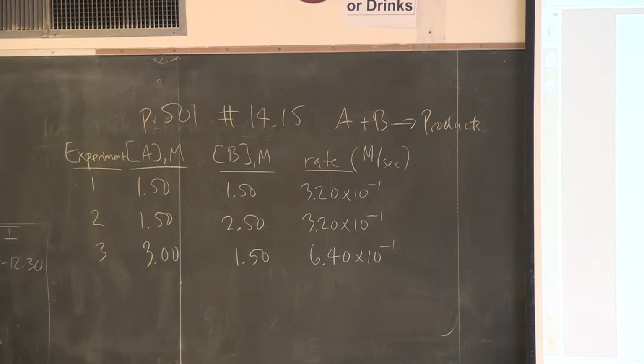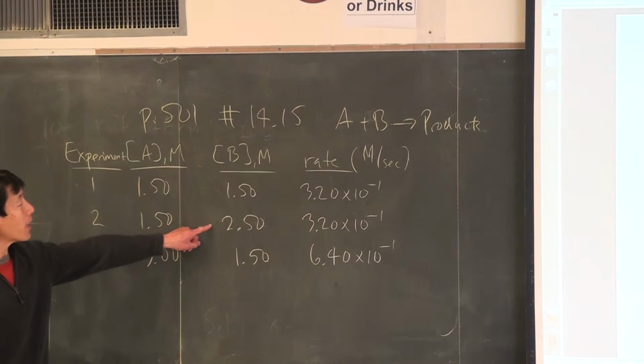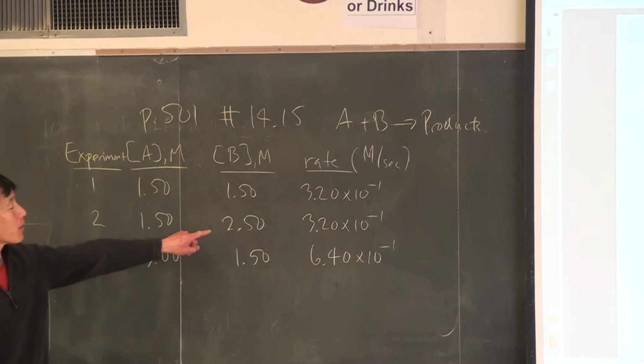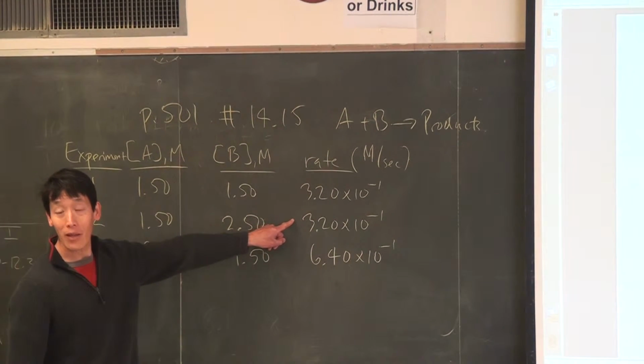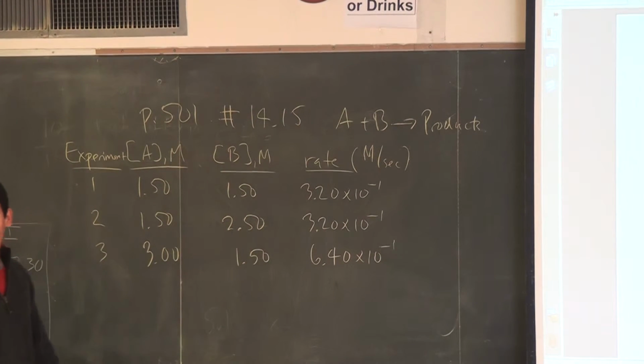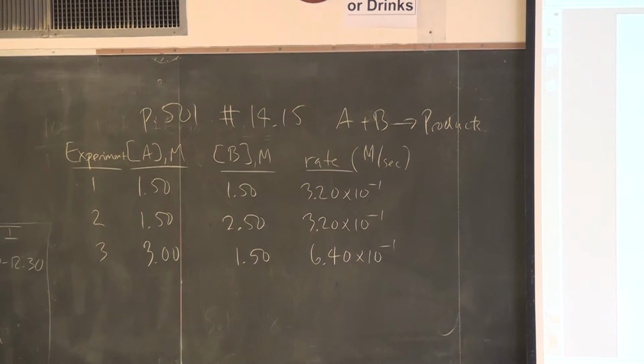So we can figure out the order with respect to B. Note that if we increase the concentration, the rate stays the same. So that tells us that the order with respect to B must be, who says it's 0 order?